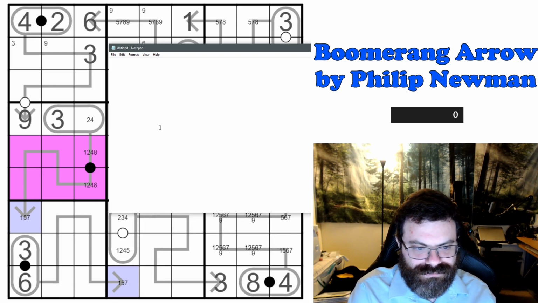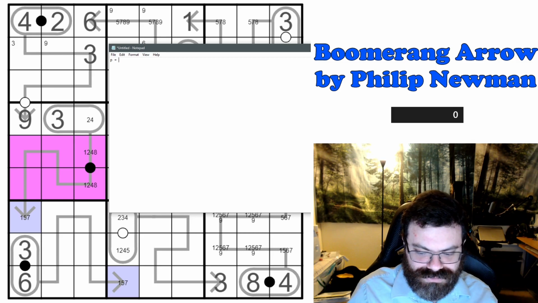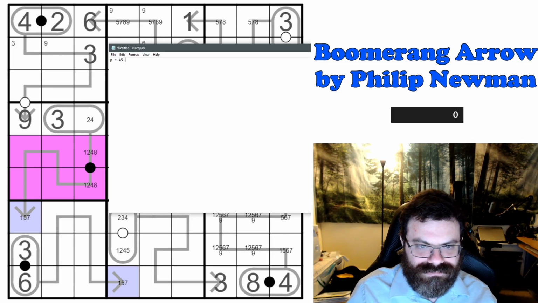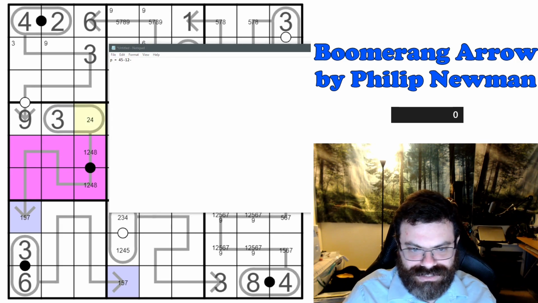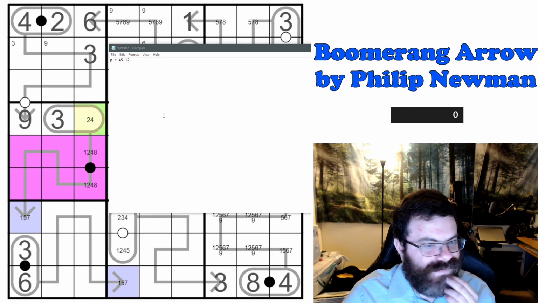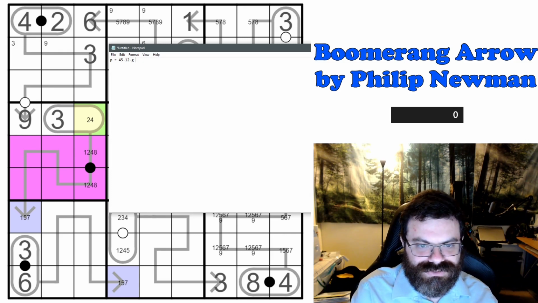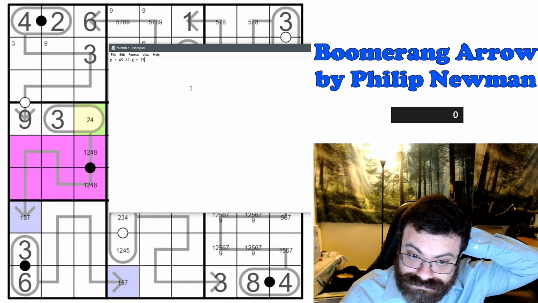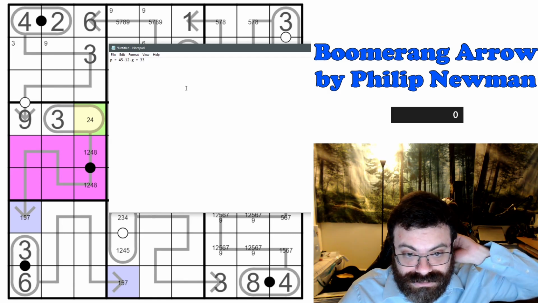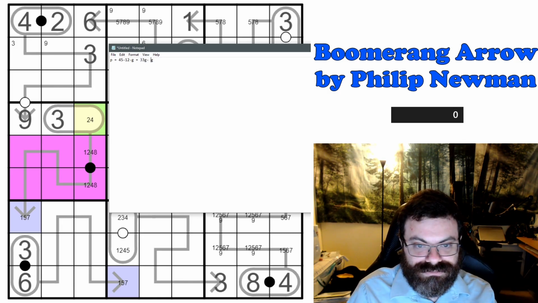So purple is equal to 45 minus 12 minus, let's give this another color. Let's call that light green. So green here. So that is equal to 45 minus 12 is 33. Minus green. So purple is 33 minus green.